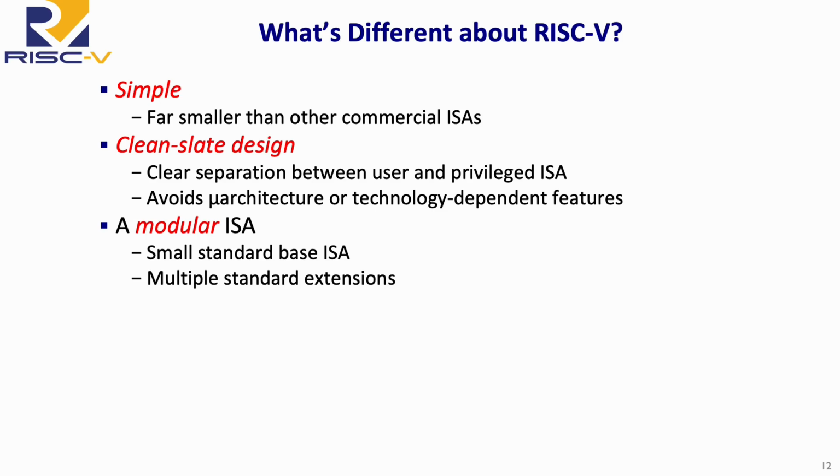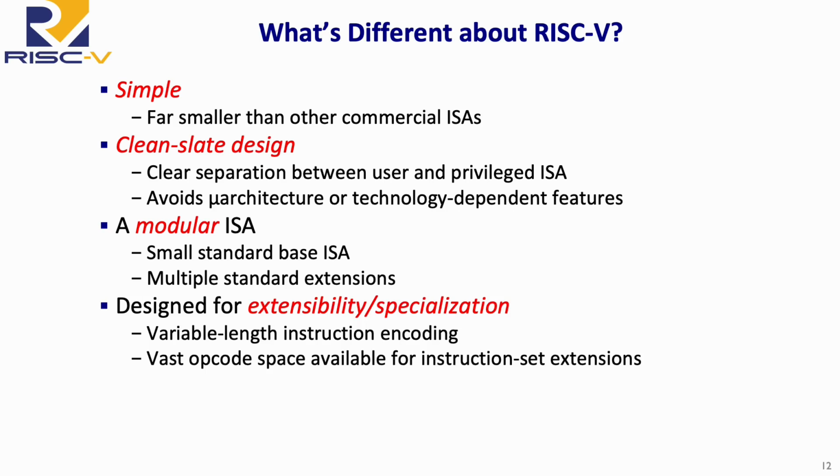It's a modular ISA, so there's a small standard base instruction set, and then there are multiple extensions, and there are also common groupings of extensions, like the base integer instructions and, say, multiply plus divide and floating point and a few other bits and pieces that form a sort of general purpose processor. It's designed for extensibility and specialization.